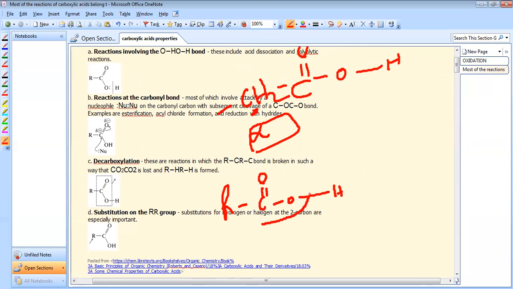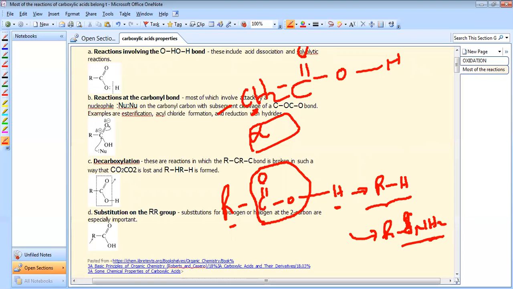When carbon dioxide is removed, this H will attach to R, and thereby we get an alkane. As extensions of this reaction, we have the Schmidt reaction, Hunsdiecker reaction, or Arndt-Eistert reaction. In those reactions the same thing happens: the removal of carbon dioxide takes place, but we may get some other derivatives. Particularly, we can prepare amines or amides, etcetera. Those are decarboxylation reactions, meaning removal of carbon dioxide.